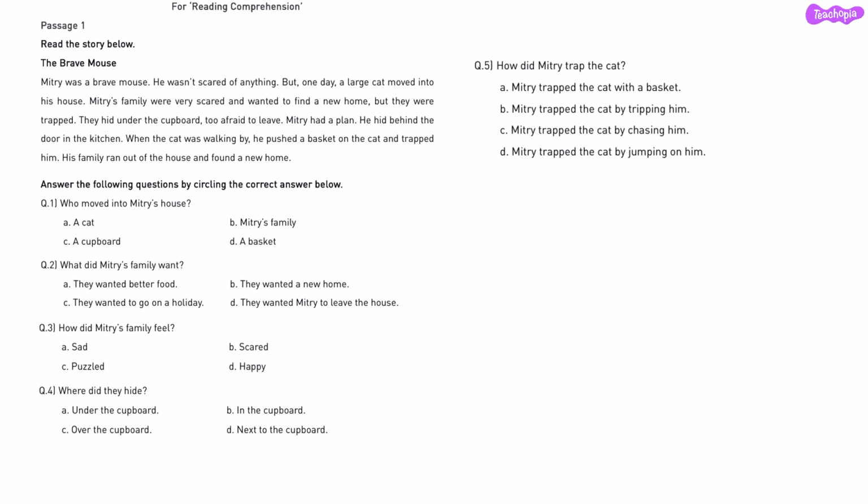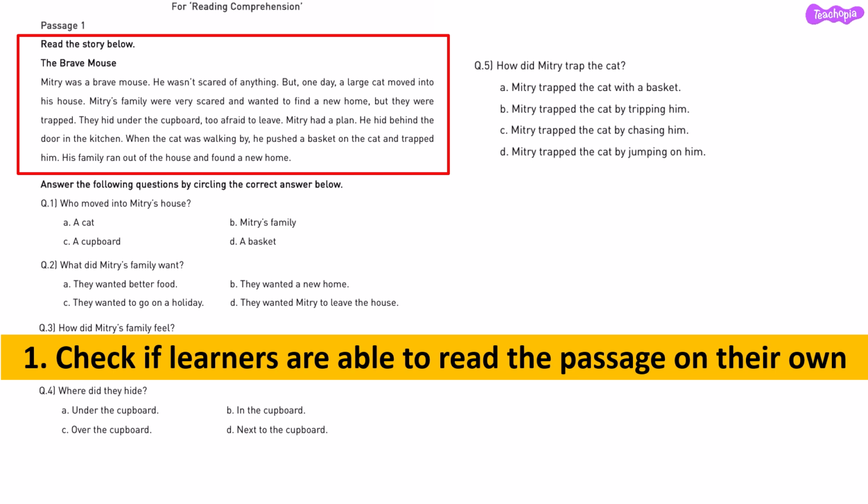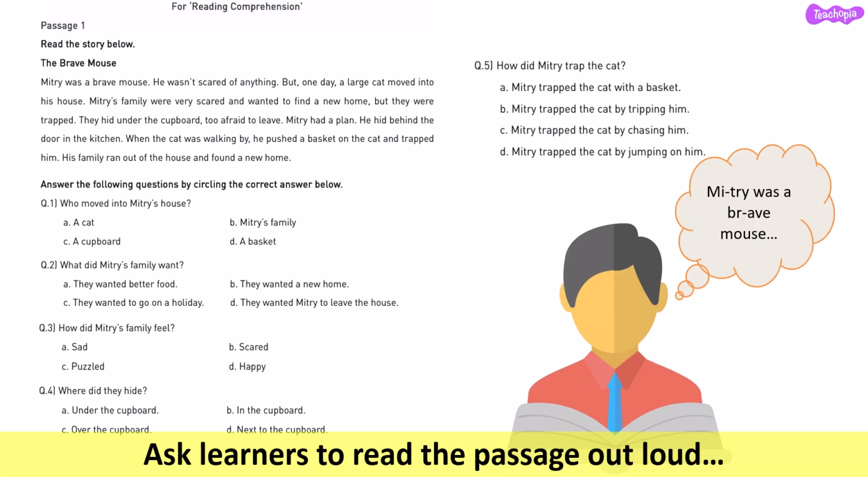As learners attempt reading the passage and answering the questions, you can follow a few steps to assess them. Number 1. Check if learners are able to read the passage on their own. You can do this by asking learners to read the passage out loud.